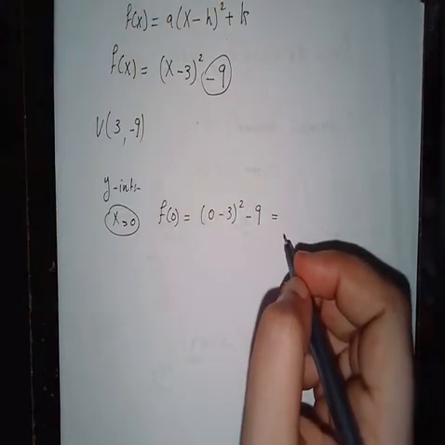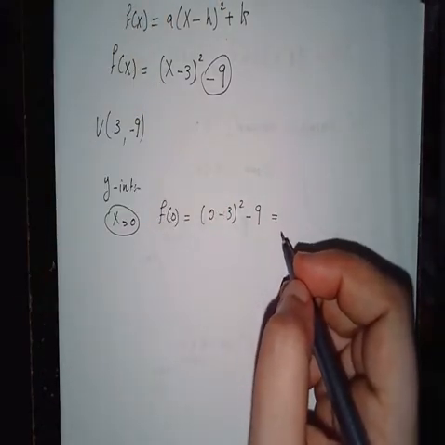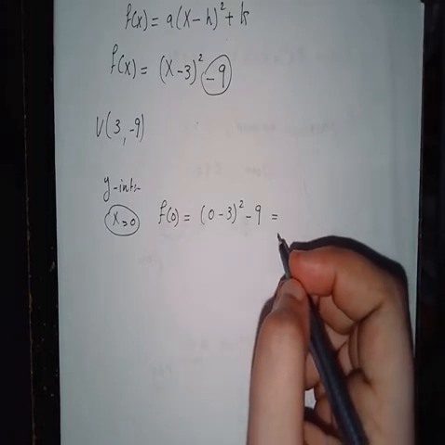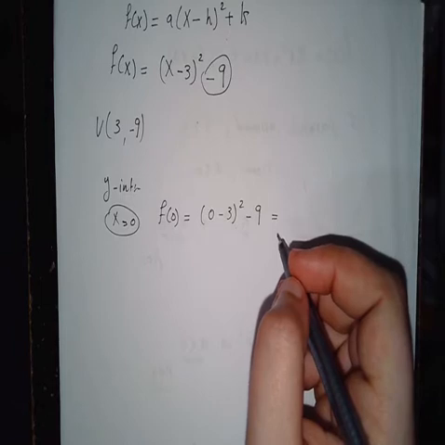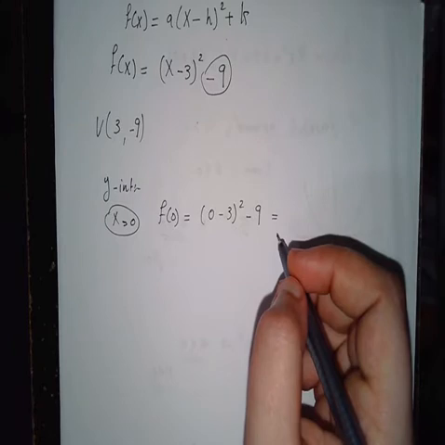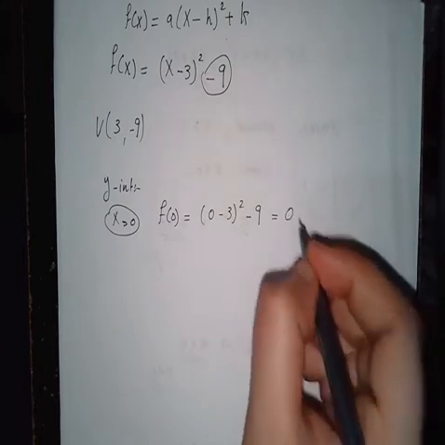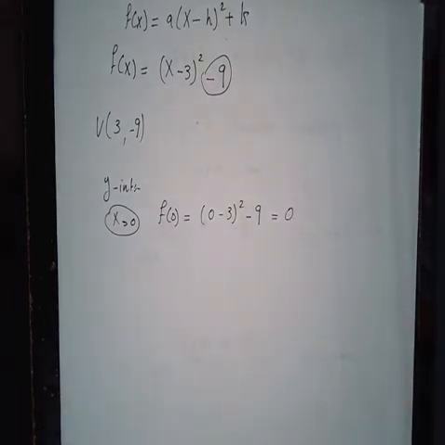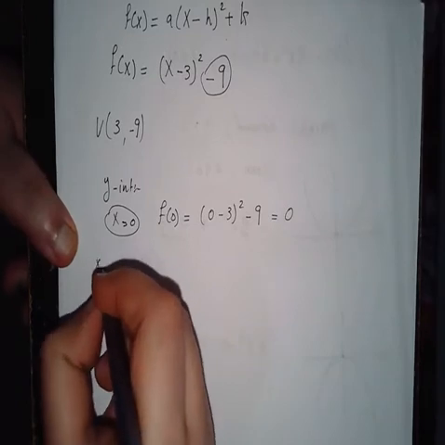So 0 minus 3 is -3. Any number squared gives you a positive number. So 3 squared is 9. And 9 minus 9 gives you what? What does 9 minus 9 give you? 0.